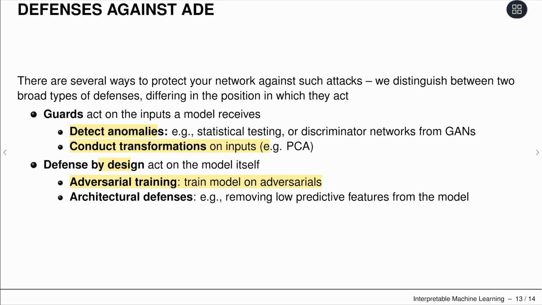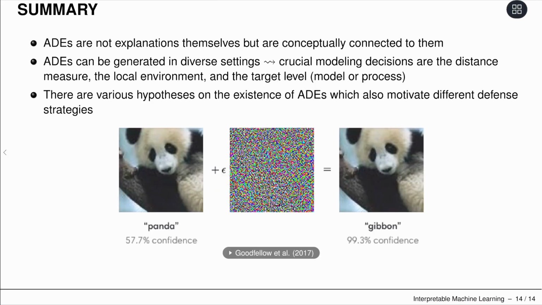And you can also try to change the architecture of a deep neural network, for example, or remove low predictive features from the model and so on. So again, reducing risk, right? I should note here that all of these will not guarantee that there is no ADE, and often with a sufficient amount of effort, people can find ADEs.